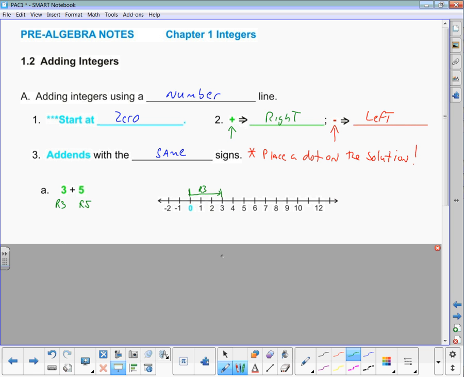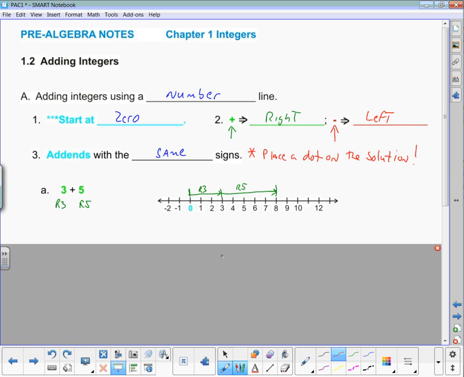Now, the next number has to start from where I'm at right now. And where are we right now? We're right here, right? We're at 3. So now I got to do the positive 5 from the 3. And I'm just going 5 paces. 1, 2, 3, 4, 5. Right? 5 paces. I went right 5 more.